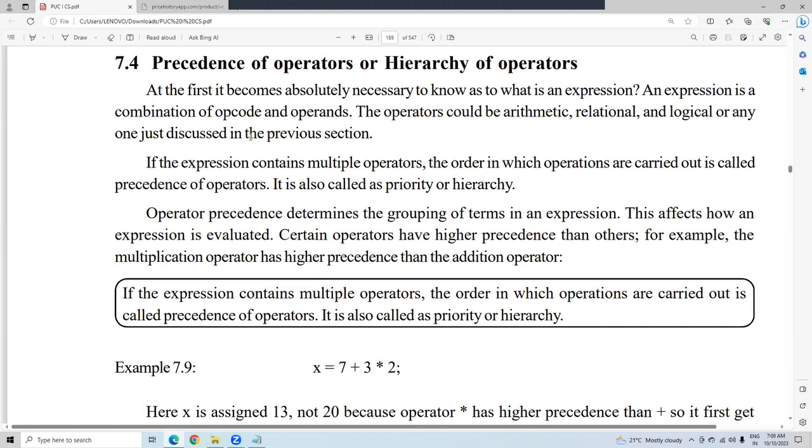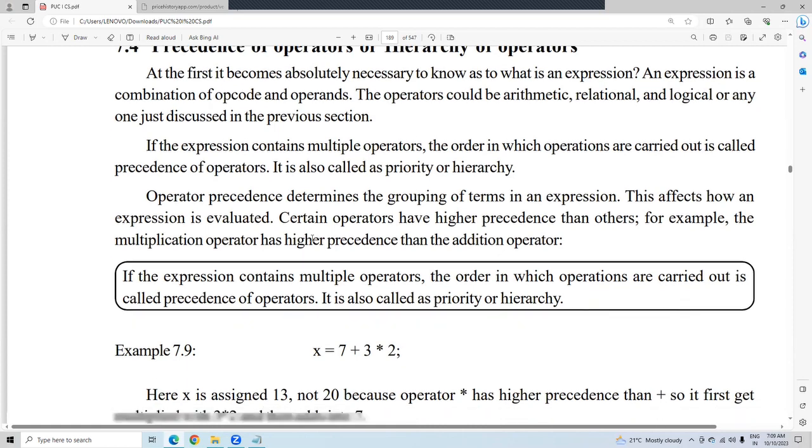The operators could be arithmetic operator, relational operator, logical operator, or any one just discussed in the previous section, that is conditional operator. If the expression contains multiple operators, the order in which operations are carried out is called precedence of operator. It is also called priority or hierarchy.